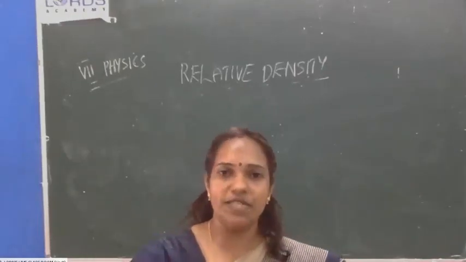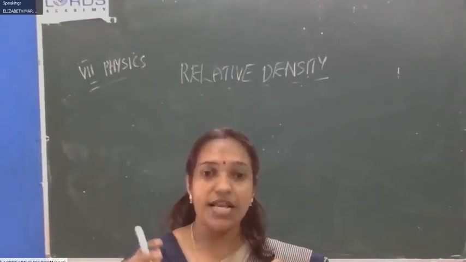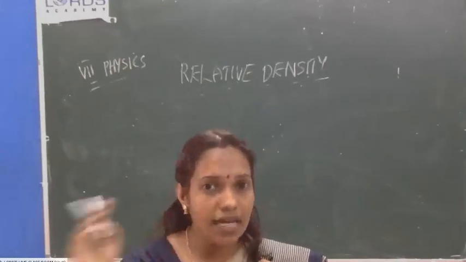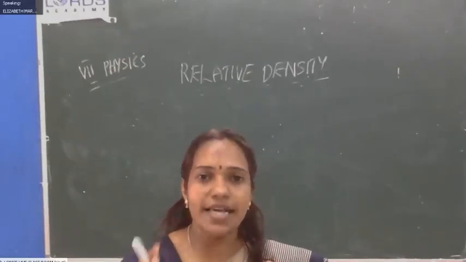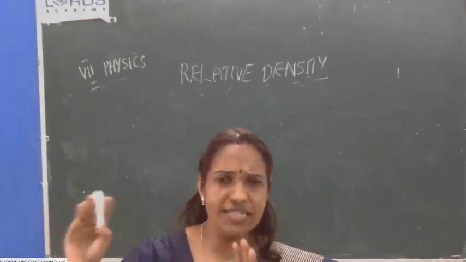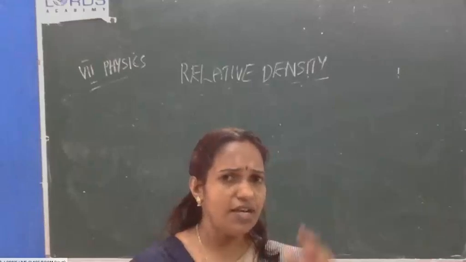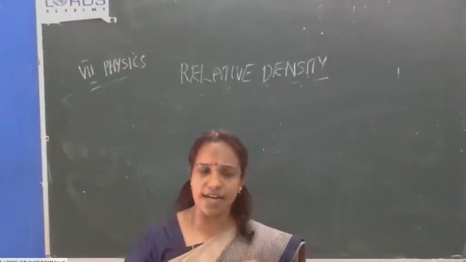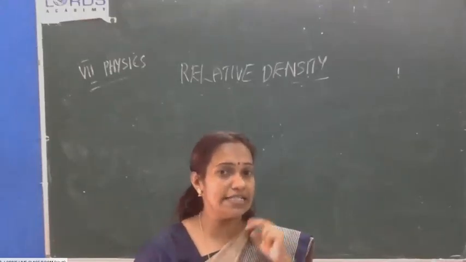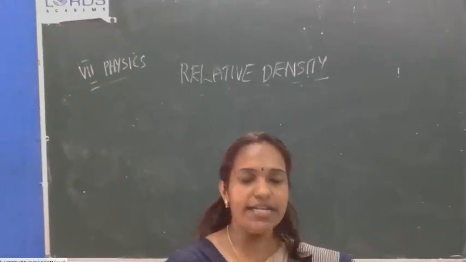So like that, what will be relative density? Density of a substance we have to compare with another substance, but here the other substance is water. Always it is fixed because we studied anomalous expansion, isn't it? Anomalous expansion we studied, and maximum value of density of water is at how much temperature? 4 degrees Celsius.